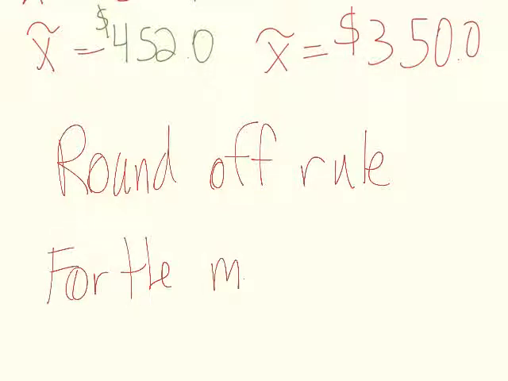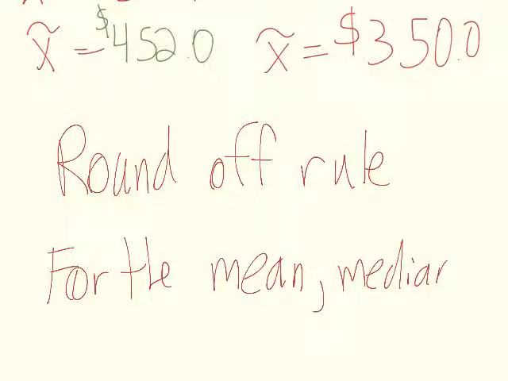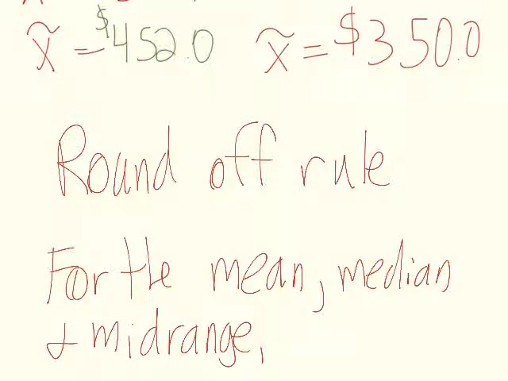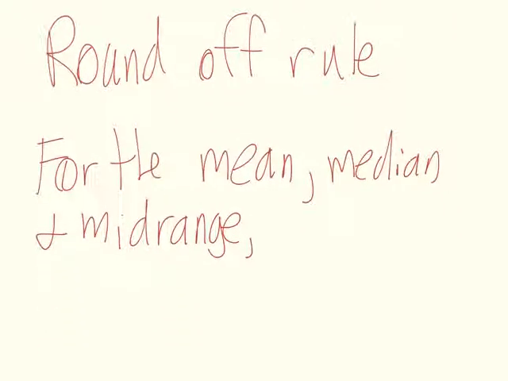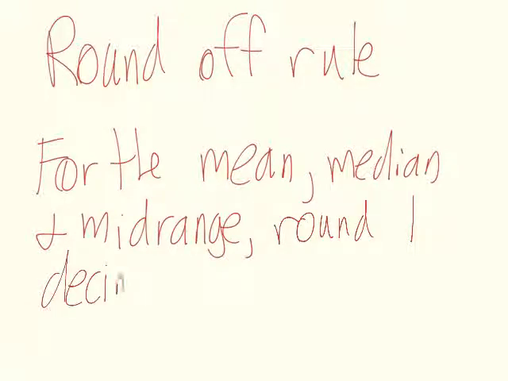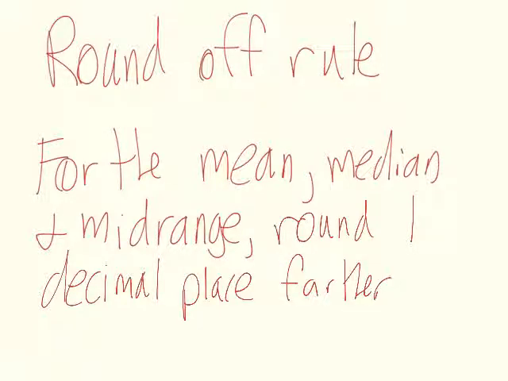For the mean, median, and mid-range, what you do is you round one decimal place farther than the data.